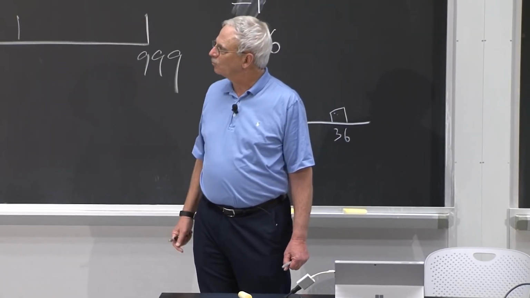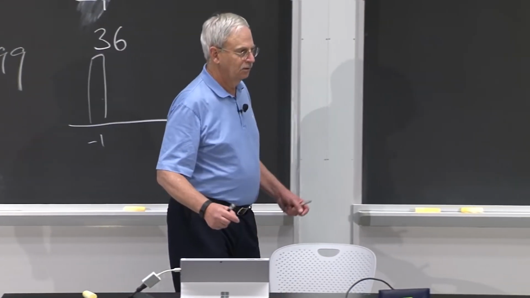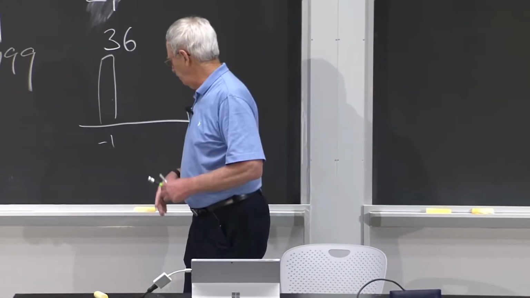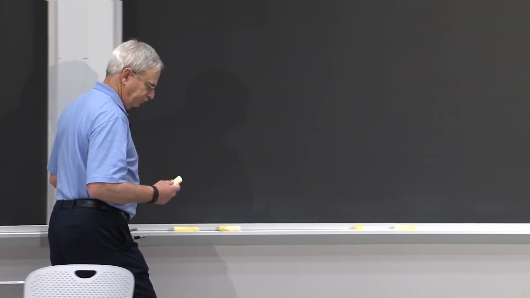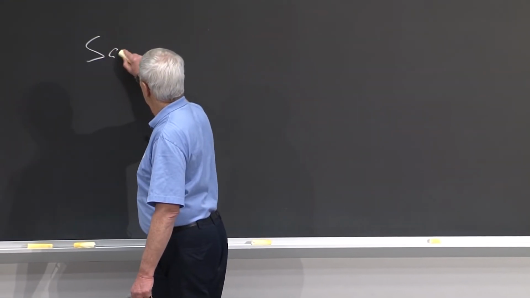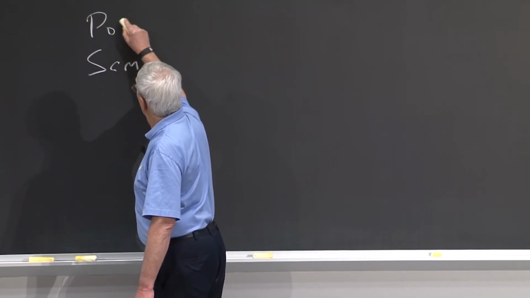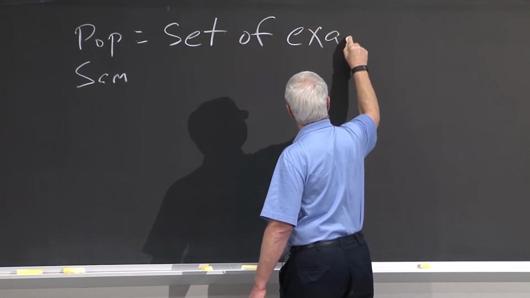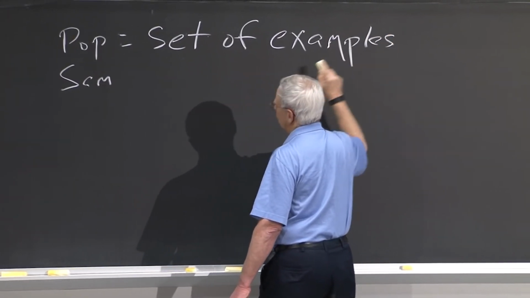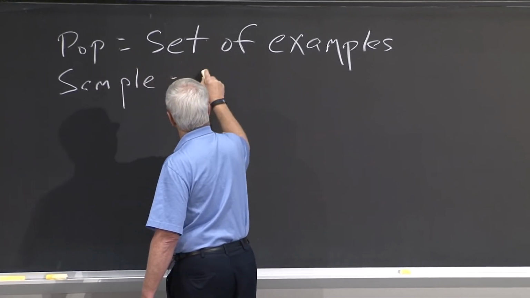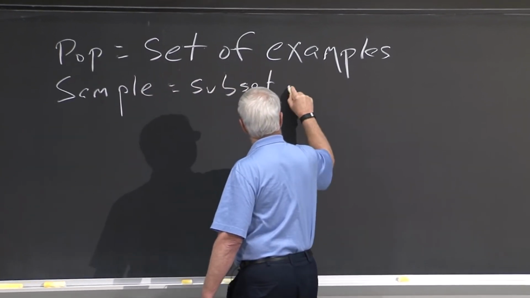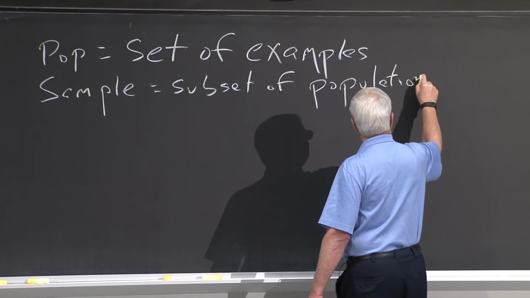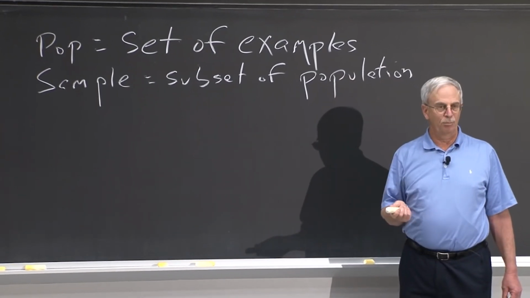So that says if I take a sample, and remember a sample will have multiple examples. Just to remind people, a population is a set of examples. A sample is a subset of the population. So it too is a set of examples, right?